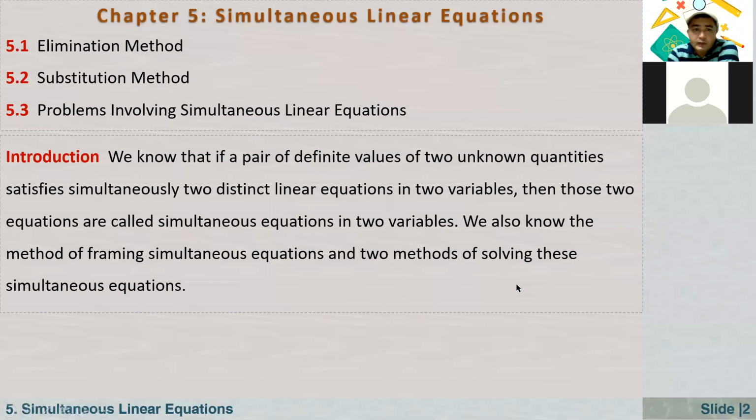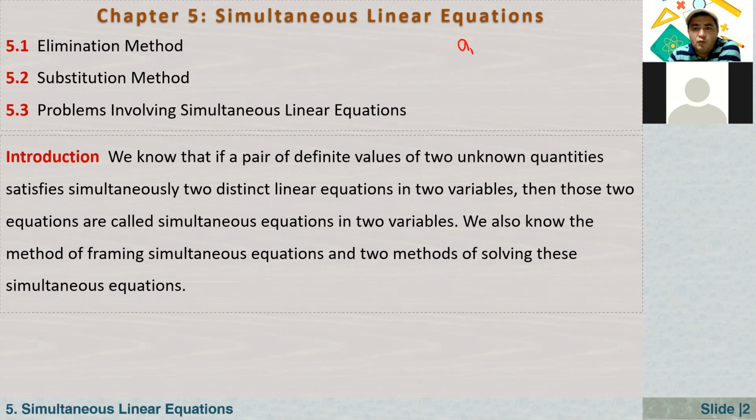Anyway, in general, simultaneous linear equations: when we say linear in math, it means an equation where all variables are multiplied by constant numbers. But here, when we say simultaneous linear equations, we mean these equations.